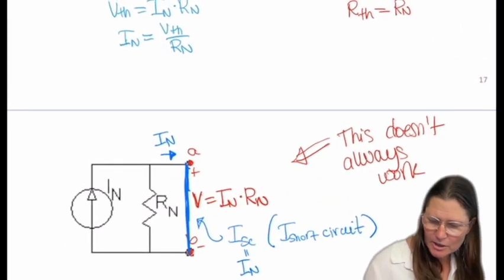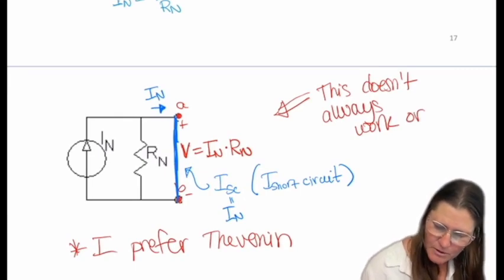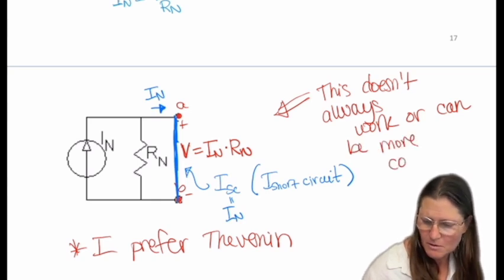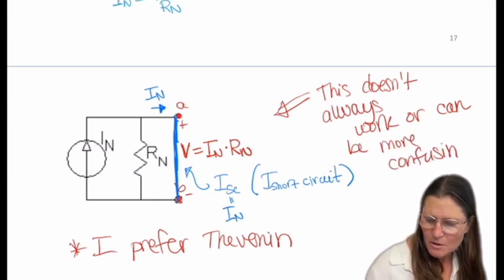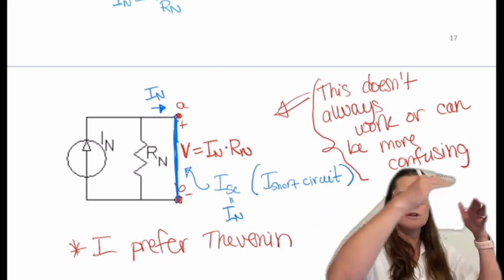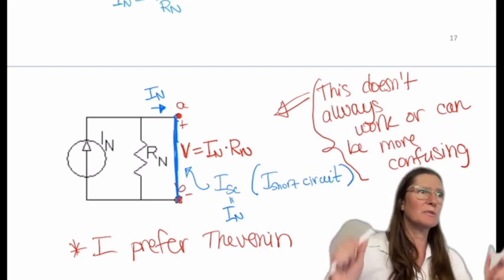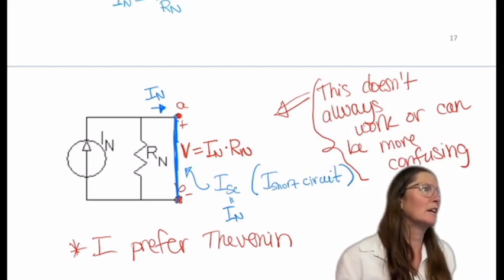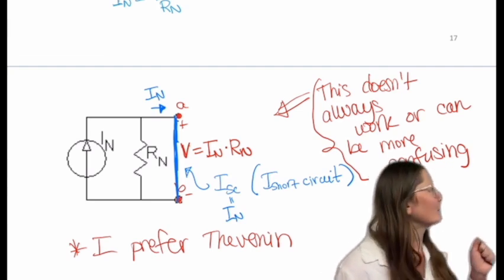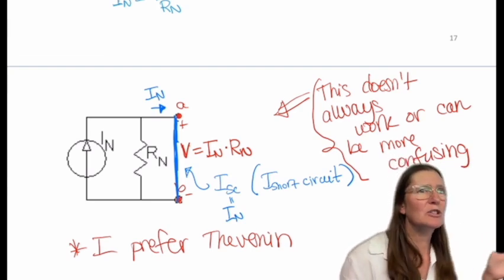Sometimes when you get a short circuit, it gets to be very confusing, because you'll have all these different wires and you have to find all of the currents in each of those wires and add them up to one current in a wire. And that gets to be very complicated at your stage of experience, and so I tend to not like the Norton equivalent as much.